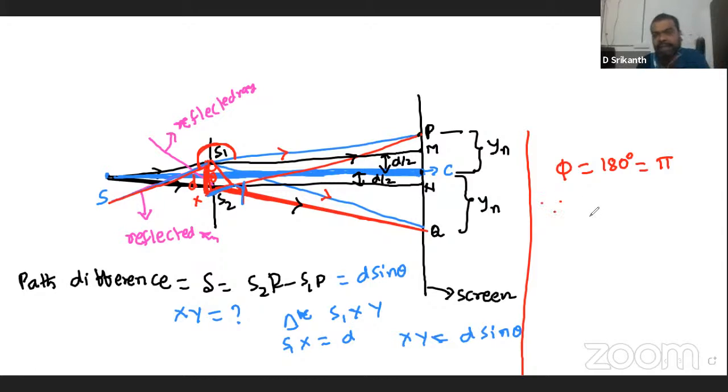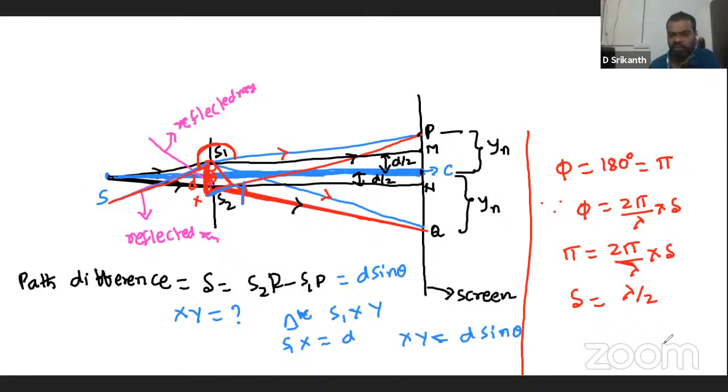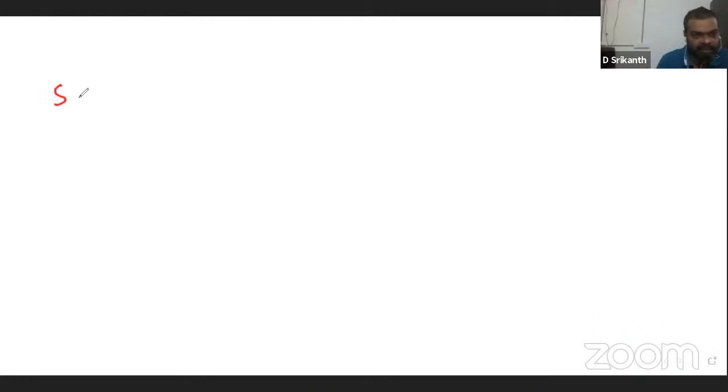Since we know the relation between the phase difference and path difference as phi is equal to 2 pi by lambda times delta, pi is equal to 2 pi by lambda times delta. So delta is equal to lambda by 2. So the total path difference is d sin theta plus lambda by 2. Call this equation 1.